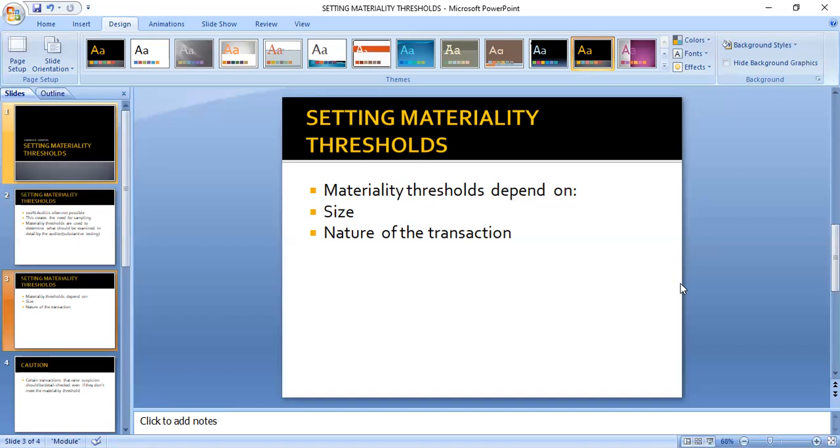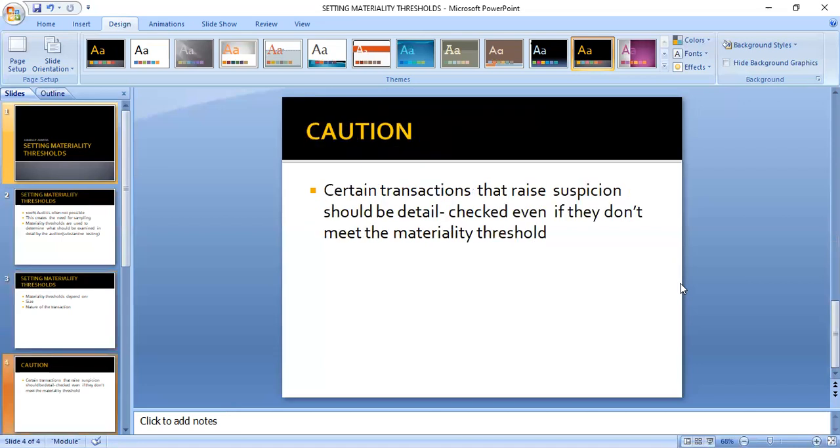So the auditor needs to check those in detail because it's possible that somebody in the organization will be abusing his or her powers or rights or position. That is why we don't just use size of transactions to determine materiality. We also use the nature of the transaction to determine materiality.